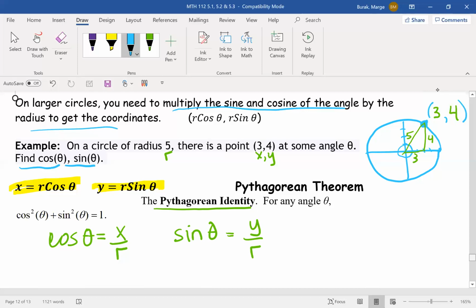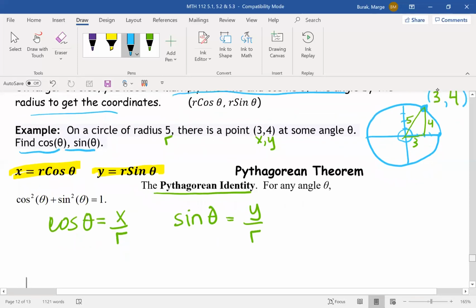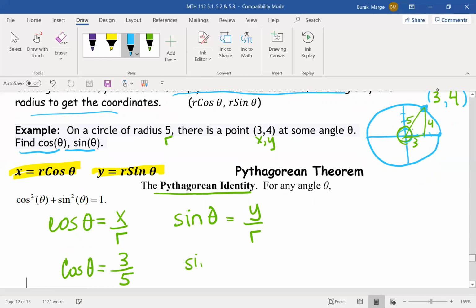So in this circle, x is 3, radius is 5, so the cosine of that angle is 3/5.